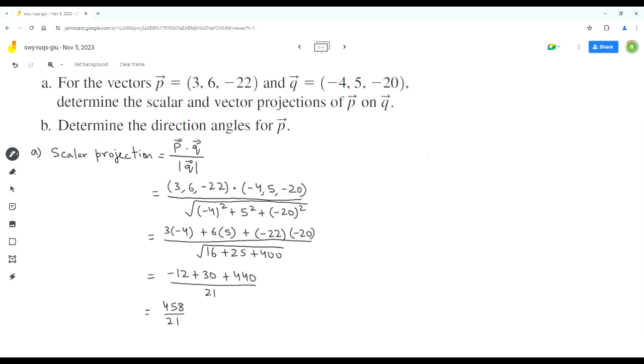Now we can find the vector projection. And the formula is P dot Q over square of magnitude of vector Q times vector Q. So we calculated the dot product of P and Q for scalar projection and we got 458 and the magnitude of vector Q is 21 and vector Q is 21 square is equal to 441.